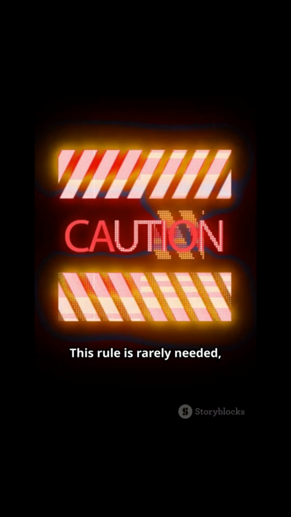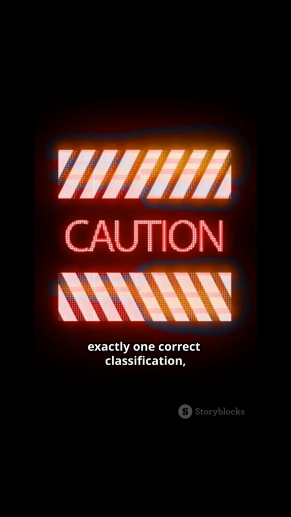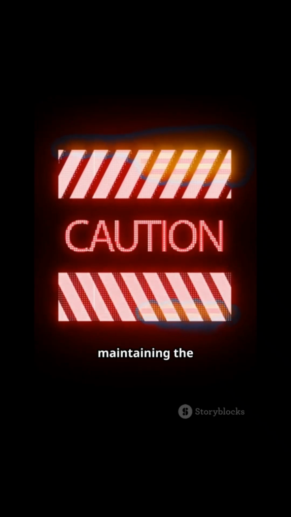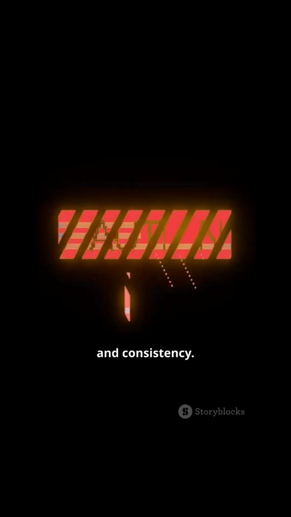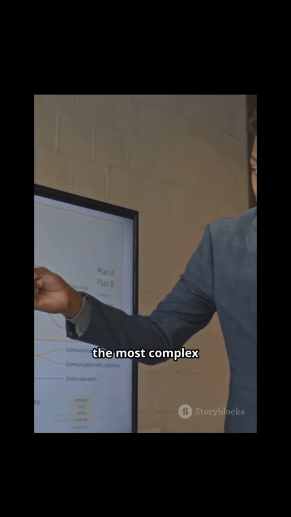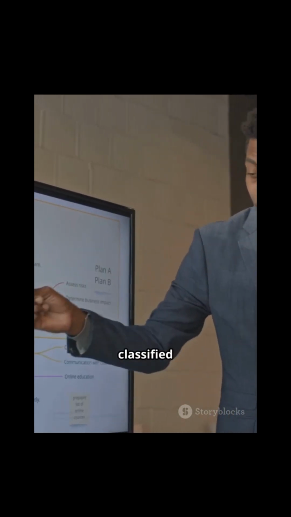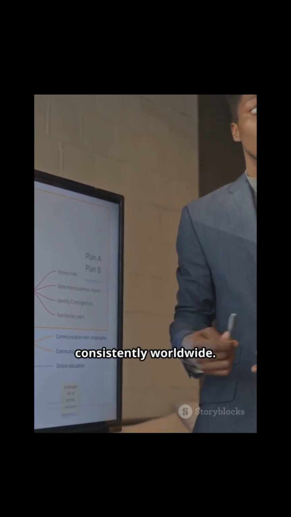This rule is rarely needed, but it ensures that every product has exactly one correct classification, maintaining the system's precision and consistency. Rule 3's step process ensures that even the most complex product can be classified systematically and consistently worldwide.